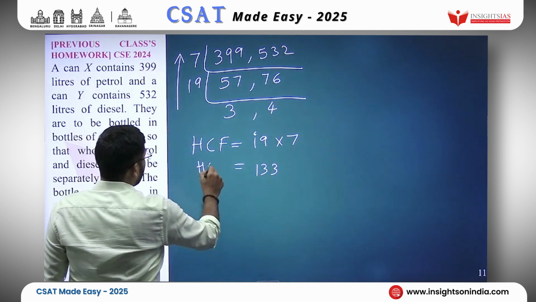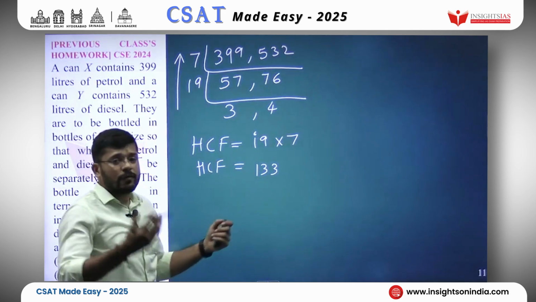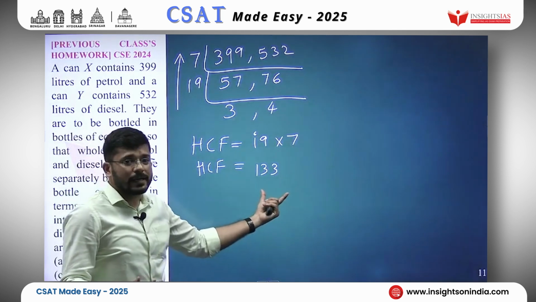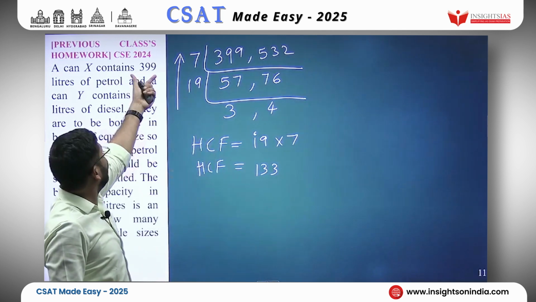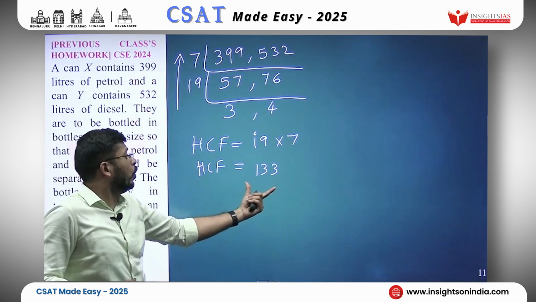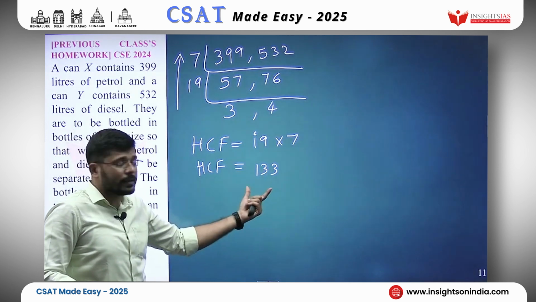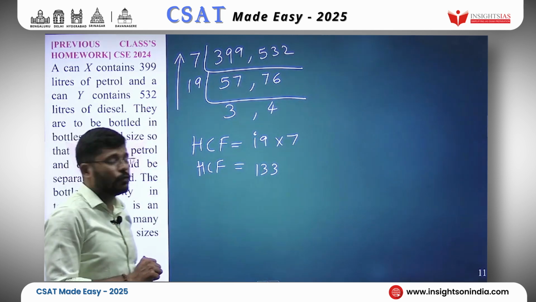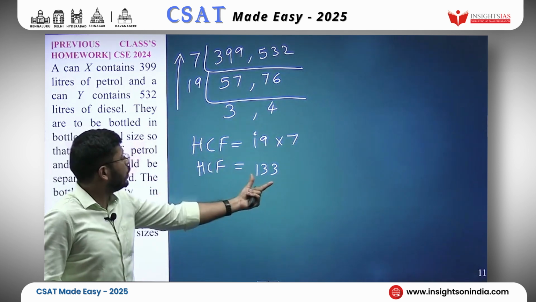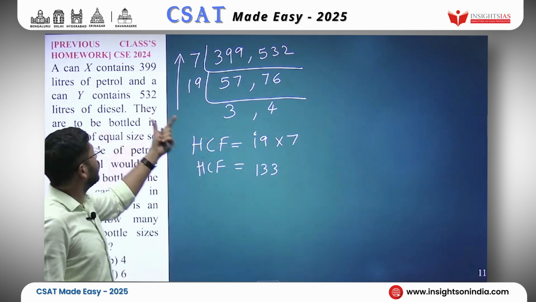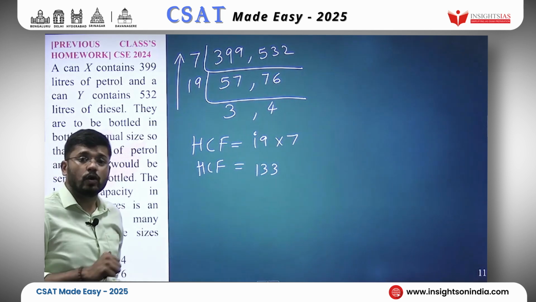So the HCF of 399 and 532 is 133, and if you use a bottle of capacity 133 liters, 3 bottles of 133 liters will hold all the petrol, and 4 bottles of 133 capacity will hold all the 532 liters of diesel, because 133 into 3 is 399, and 133 into 4 is 532. However, all the factors of 133 will also be able to hold the petrol and diesel.